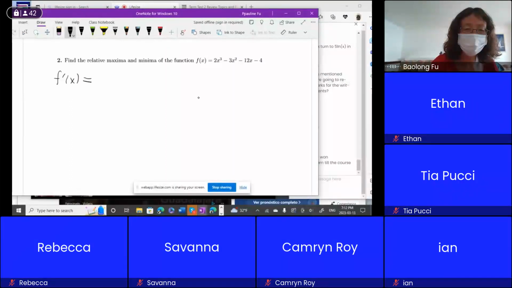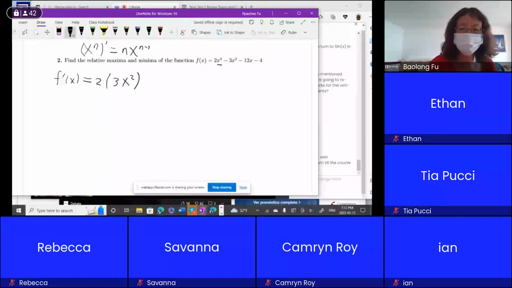Okay, so the fundamental derivative formula: the derivative of x to the n equals n times x to the n minus 1. So x cubed's derivative equals 3x squared. Minus 3 x squared, derivative 2x, minus 12.